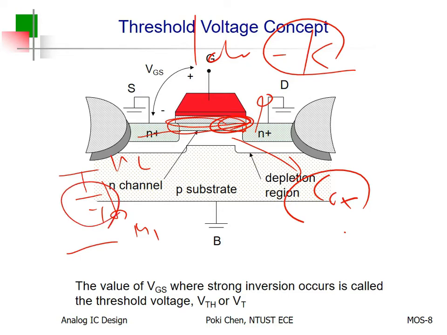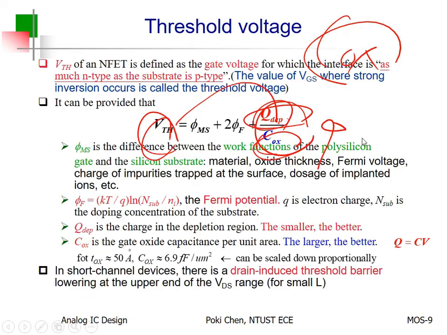That's it. So you can see that analog IC design and analog IC layout are strongly correlated. You need to know both, otherwise you cannot design outstanding, so-called high-end analog chips.